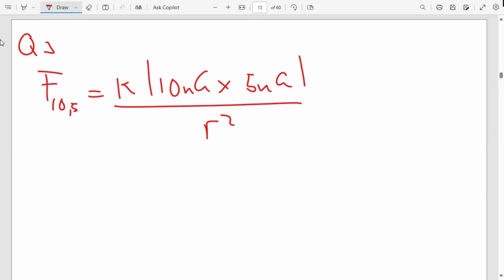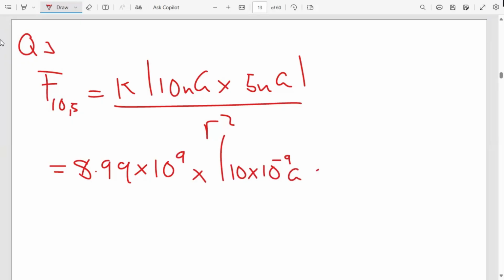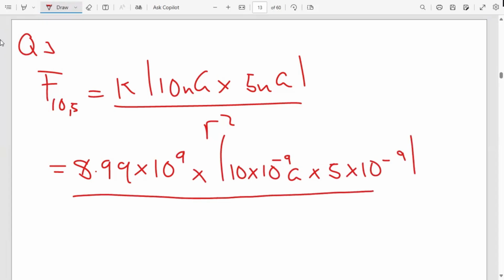So let me now write the correct values. I have my k, which is 8.99 times 10 to the power 9, multiplied by 10 times 10 to the power minus 9 coulombs, multiplied by 5 times 10 to the power minus 9, over 0.05 squared.